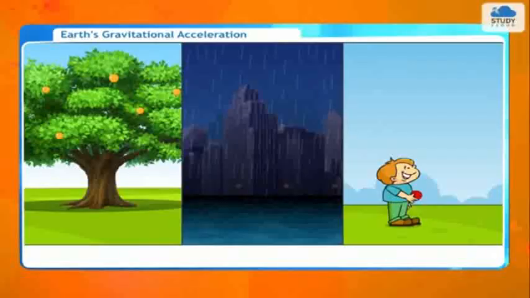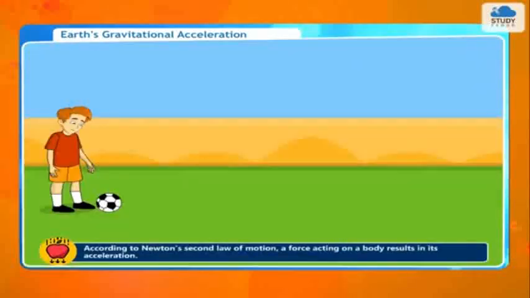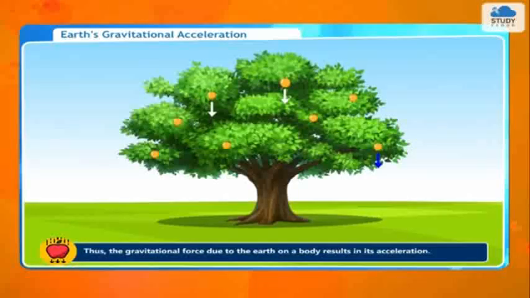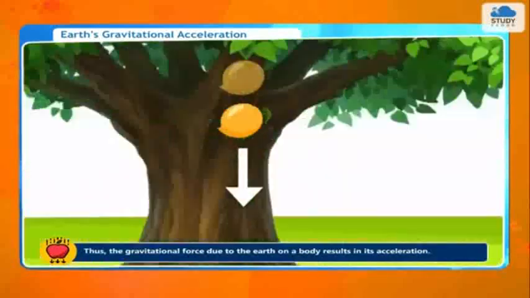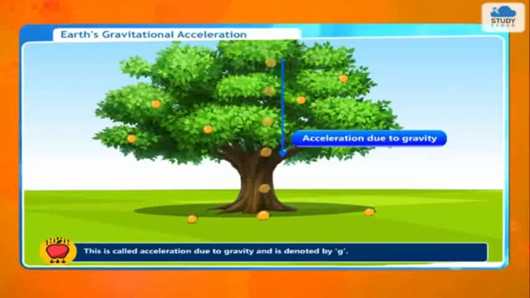Earth's gravitational acceleration. The earth exerts gravitational force on objects near it. According to Newton's second law of motion, a force acting on a body results in its acceleration. Thus, the gravitational force due to the earth on a body results in its acceleration. This is called acceleration due to gravity and is denoted by g.